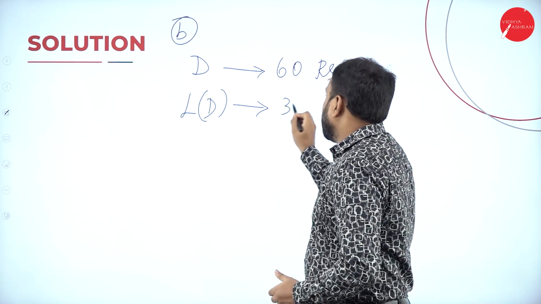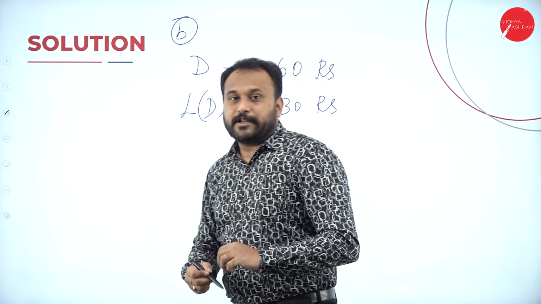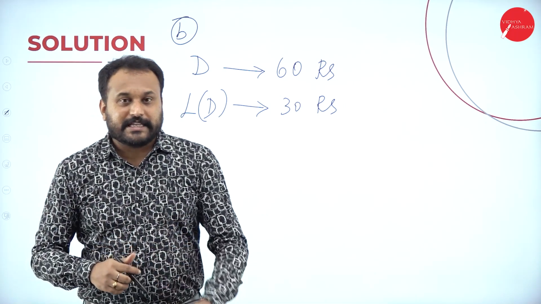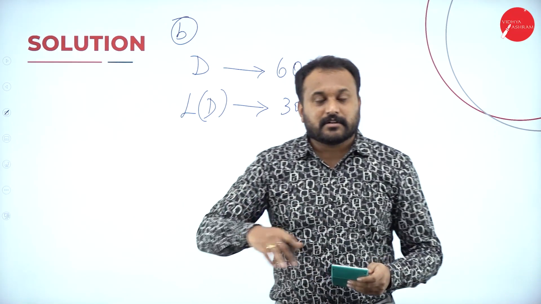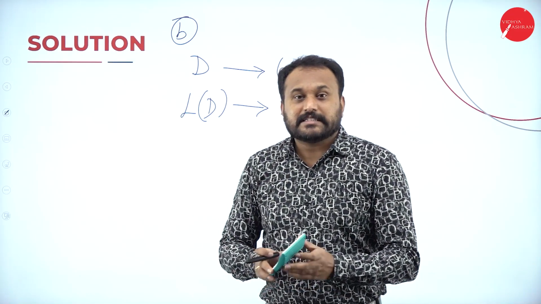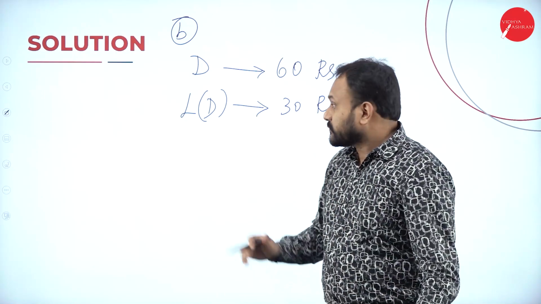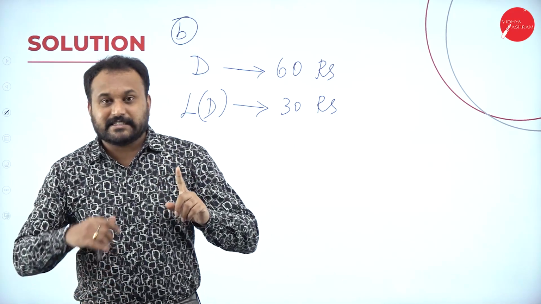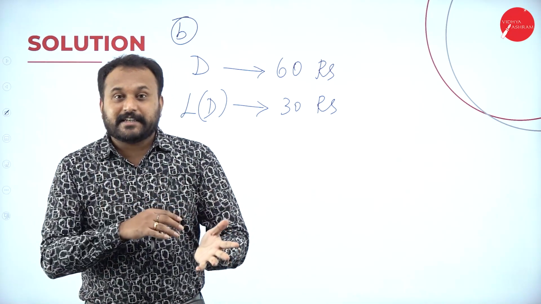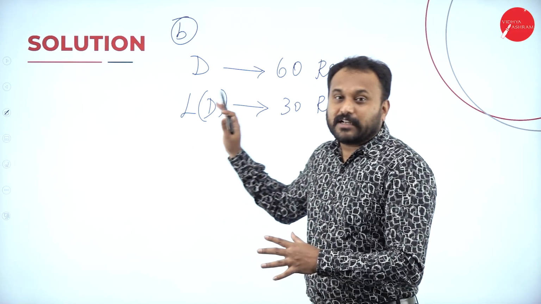He's asking for 30 rupees. Now example I'll tell you, Mysuru, I'm selling this calculator for 60 rupees. Now a person from Bangalore or Chennai or anywhere, he's asking me for 30 rupees. Will I go with it? Definitely no. The reason is, one, he will take all my customers if I sell it to him. Now the next thing is, will I make profit or not? So I'll definitely not give him for 30 rupees.